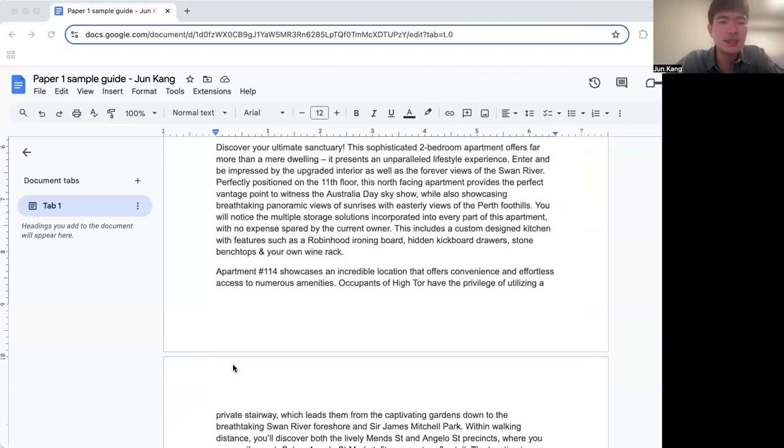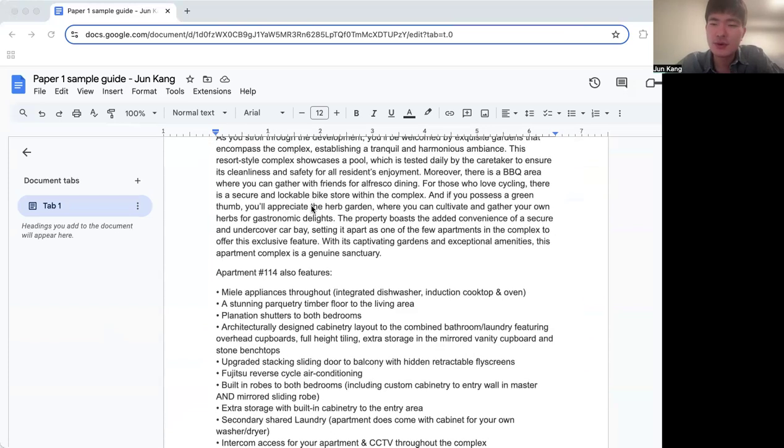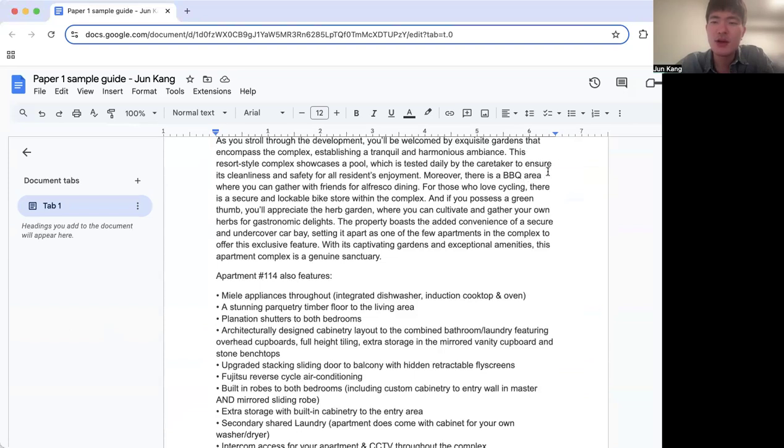Lastly, in text B, in the end, it kind of shifts towards communal and practical incentives as a final third, I would say. It lists, let's see, like a barbecue area here, and a secure and lockable bike store, herb garden here.